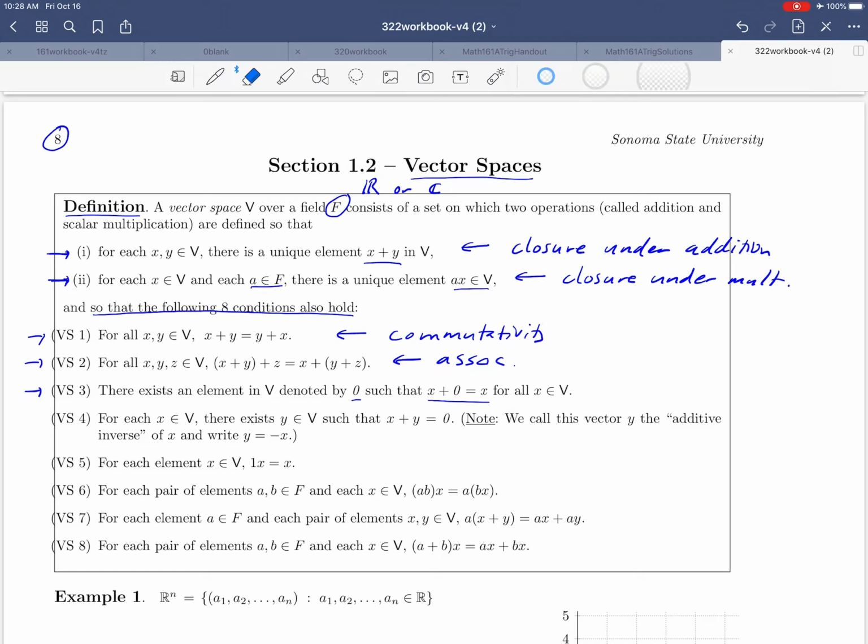Now there's a little bit of a notational point that I want to make here. Let's clear some space for ourselves. If you look really carefully at this 0, you might notice that it's italicized. That's the notation that our book has chosen to help us distinguish between the scalar 0 and the vector 0.